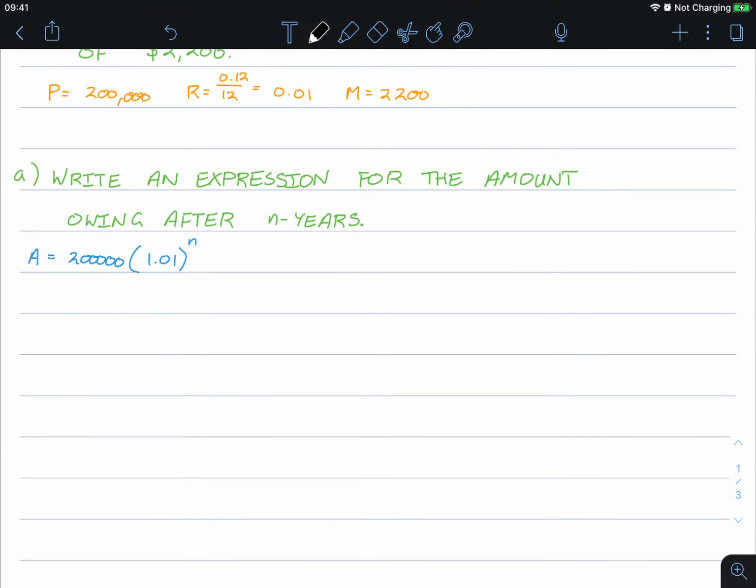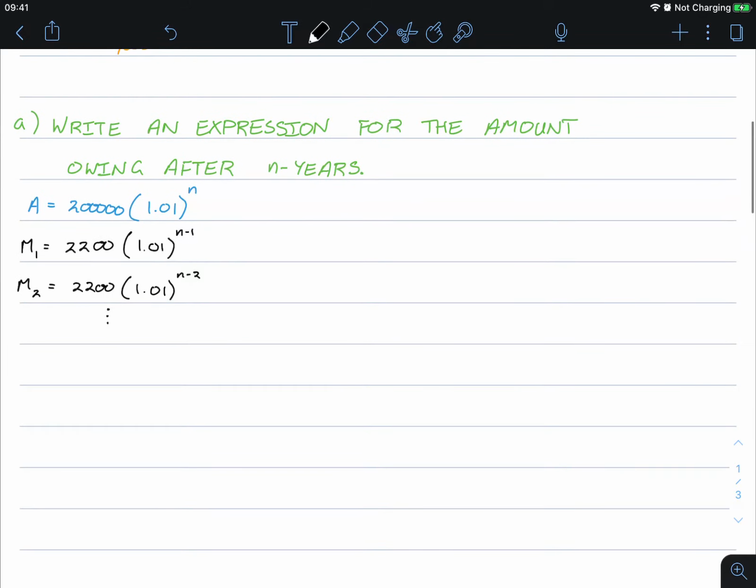Now we move on to the annuity of the payments. So the first payment is 2,200 times 1 plus R to the power of n minus 1. This continues to the second payment, 2,200 times 1.01 to the power of n minus 2, because that is 1 month less than the total length of the loan.